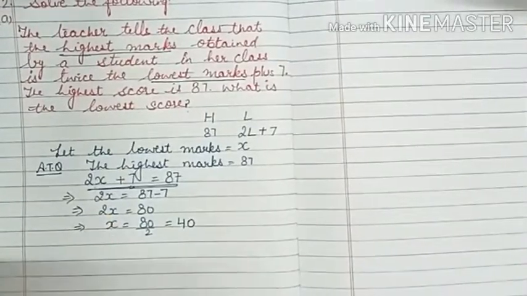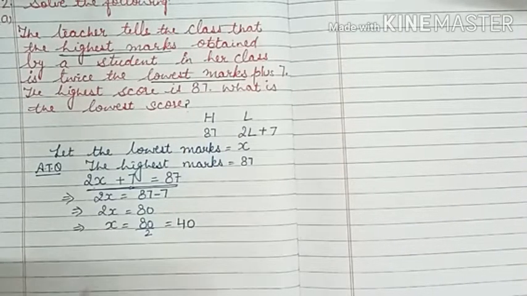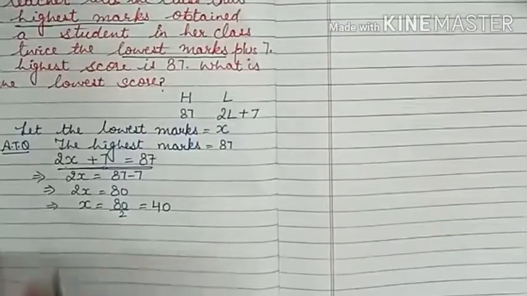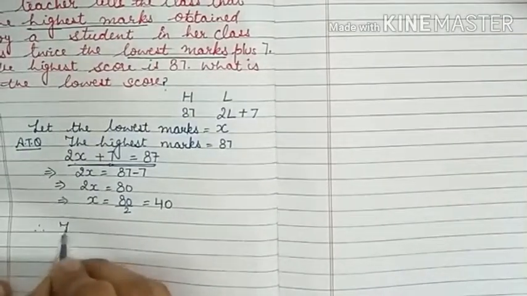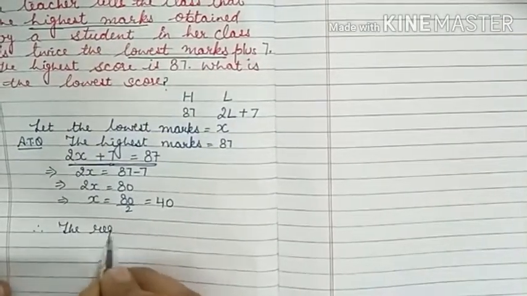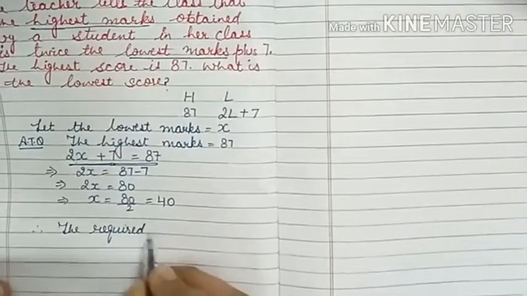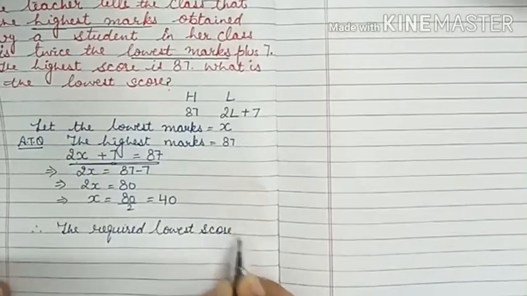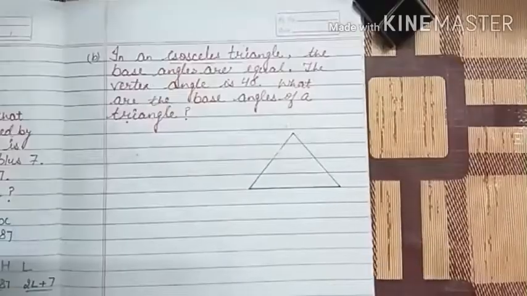So we transpose 2. This will come 80 upon 2, and then the x value will be 40. Therefore, the required lowest marks, or lowest score you can write, lowest score is equal to 40.